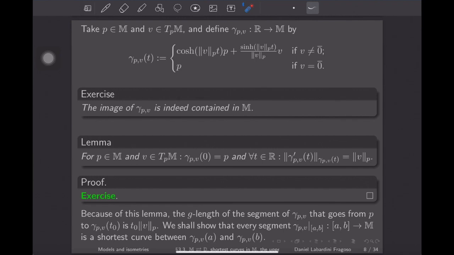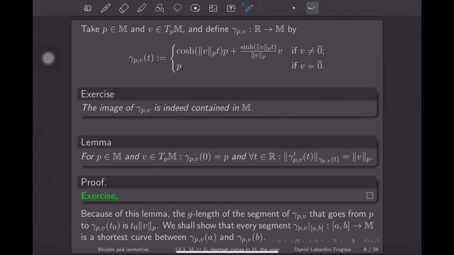When I say with that velocity, what I mean is that it has that derivative, that is, it passes with that direction and with that rapidity dictated by that tangent vector. And I want the curve to be of constant rapidity, so that after passing there, of course, the direction may change, because think of the hyperboloid. The direction has to change because I'm not in a plane, but I want at least the rapidity not to change.